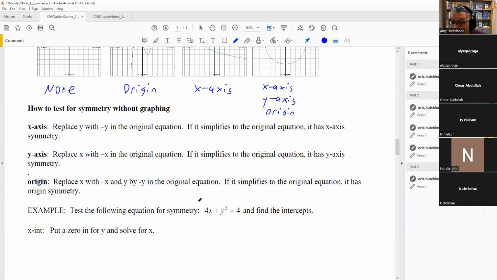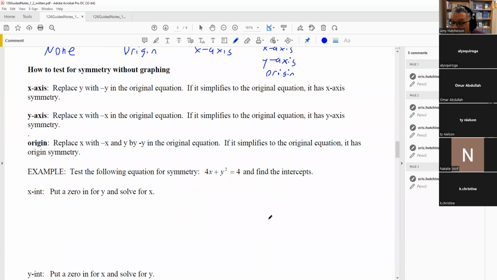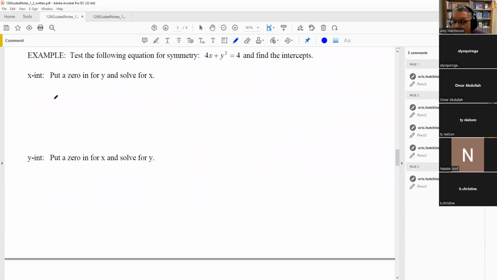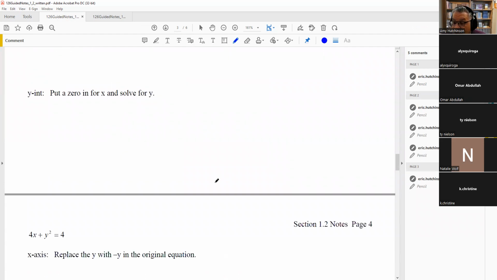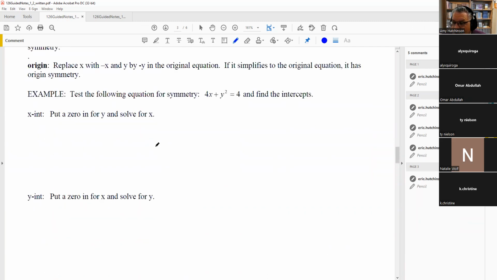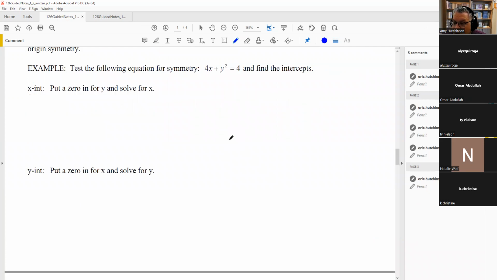Okay, so knowing that, we're going to work with this equation, and we're going to do a couple of review things, and then we're going to talk about the symmetry later. I've kind of spelled all this out, what you're going to do to find the symmetry. So we'll do this step by step here. First of all, we want to test the following equation for symmetry and find its intercepts.